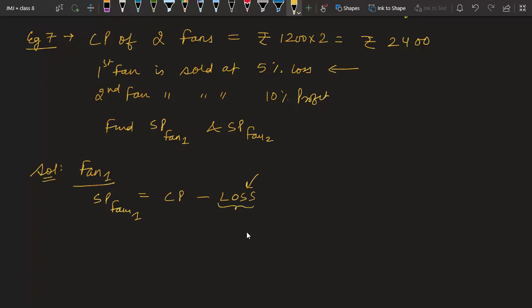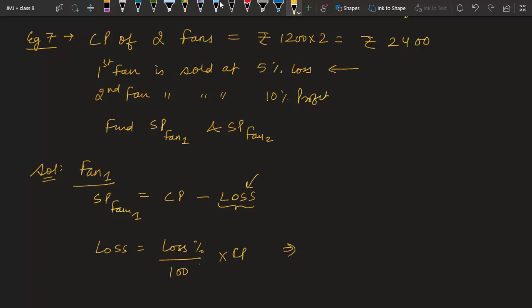Loss is given by loss percent upon 100 multiplied with cost price. Sorry, it is a mistake. I have told you when a percentage is given, you have to divide by 100 and multiply with cost price.